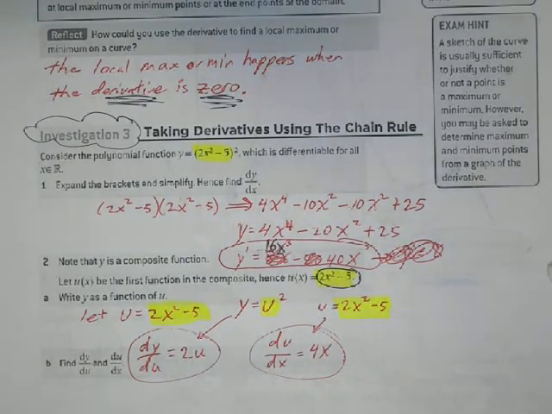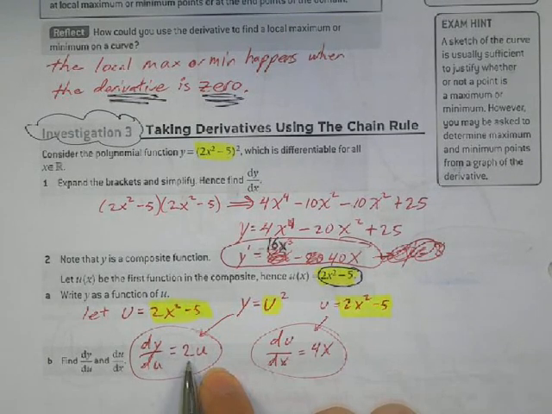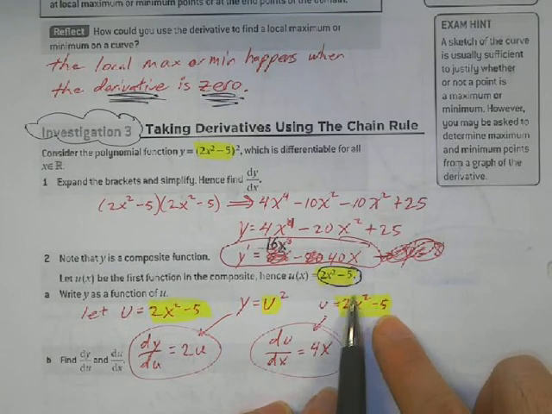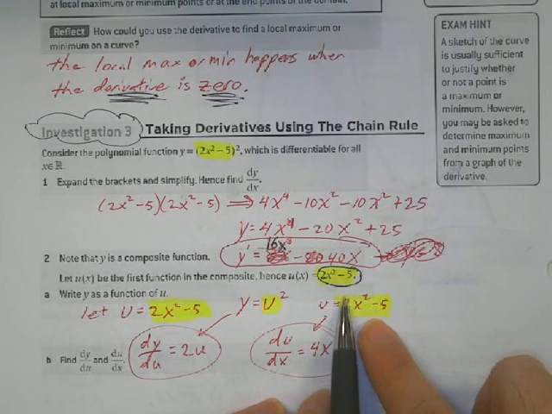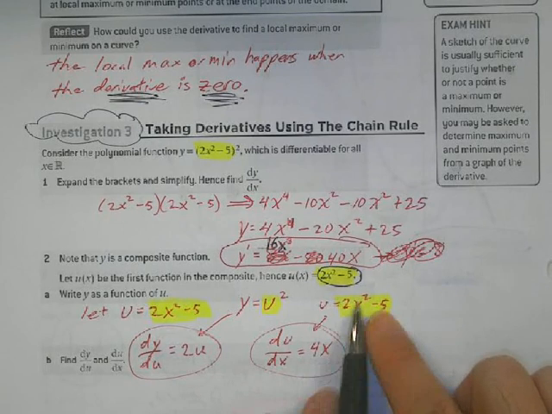And so now I'm going to take the derivative of y equals u squared. So the 2 comes to the front, and the derivative is going to be 2u. If I take the derivative of u, using the power law, 2 times 2 gives me 4, and this x squared becomes x.